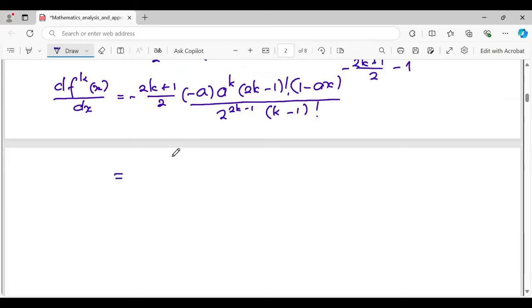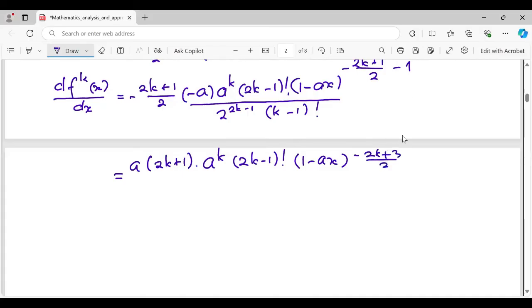And it's going to be times a times 2k plus 1 times a power k, 2k minus 1 factorials, 1 minus ax power minus 2k plus 3 over 2, because this is minus 1, and minus 1 becomes 2 over 2, so it's going to be 2k plus 3. Hopefully you understand that.